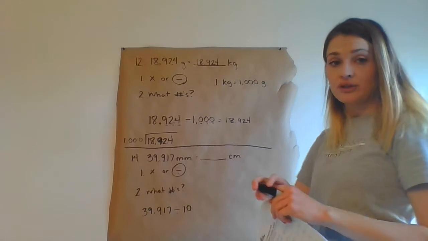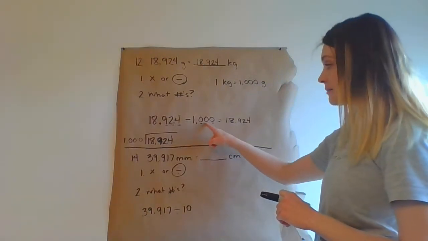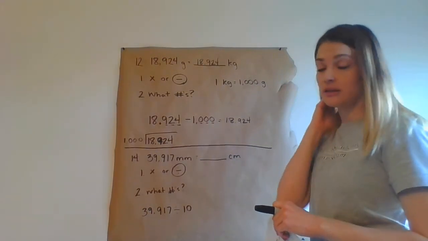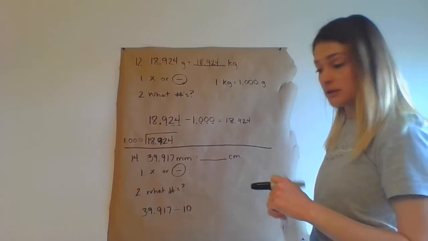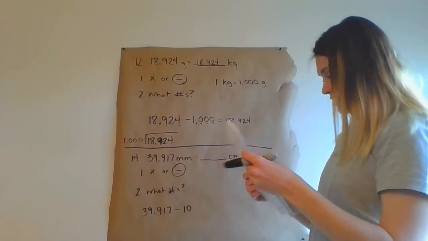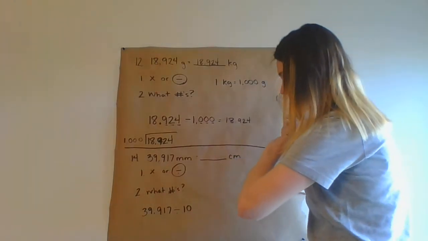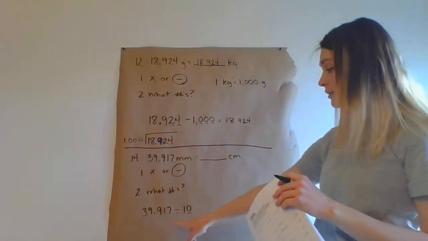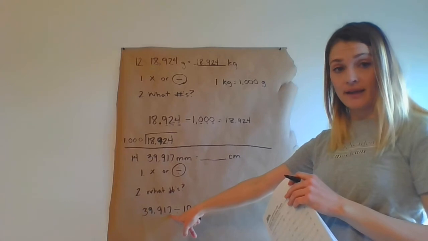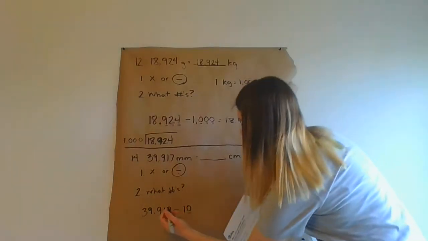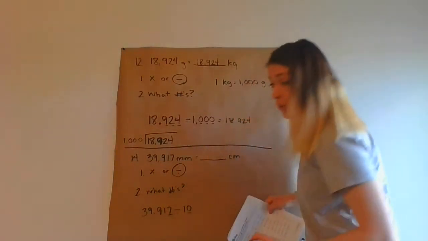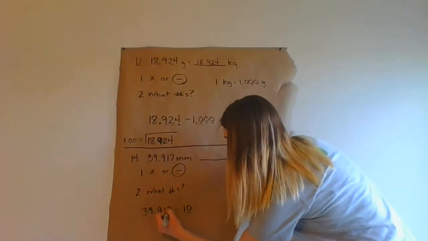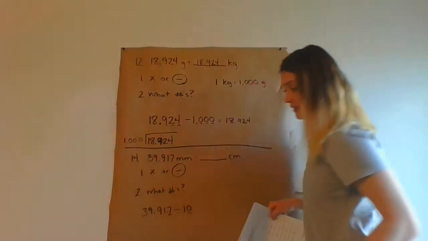Now, just like what I did up here, I counted how many zeros there were, right? How many zeros are here? There is 1 zero. So I'm gonna go to the end of my first number, and I'm gonna count one place. I'm gonna put a decimal right there.